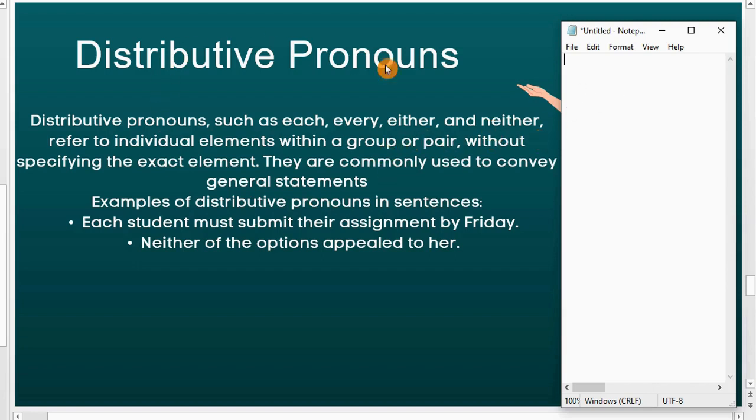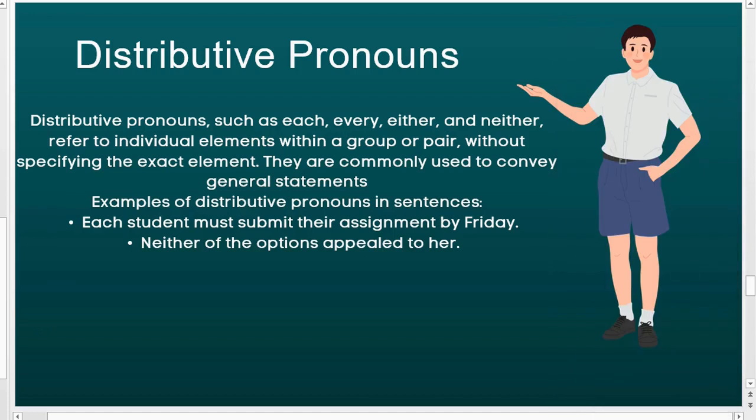When you learn this type of in-depth grammar, definitely it will increase your knowledge, and you will be able to talk confidently in English. So these classes are really important for you. If you take my classes, then it would be helpful for you in English. So we move to the next slide.